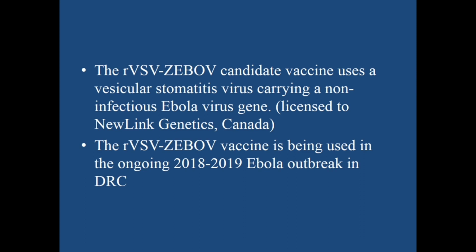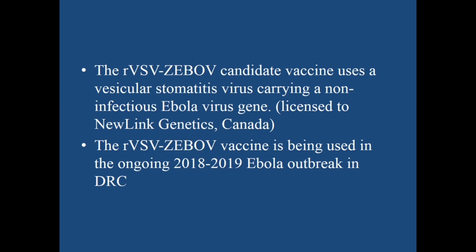This candidate vaccine, the rVSV-ZEBOV vaccine, was licensed to Canada. It was a candidate vaccine then, but it has been used in certain countries, but not used in India. I'm sorry, it was used in the Ebola outbreak in Democratic Republic of Congo, but not used in other countries.